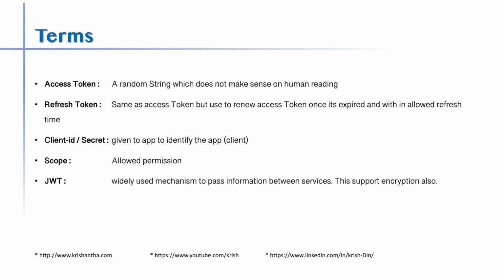There are certain keywords, certain names. One is the access token. An access token is nothing but a random string which does not make sense when you just read it. It is not something like a reversed string; it doesn't make any sense. The refresh token: the access token will be given to you for a certain period of time, let's say 1 hour.